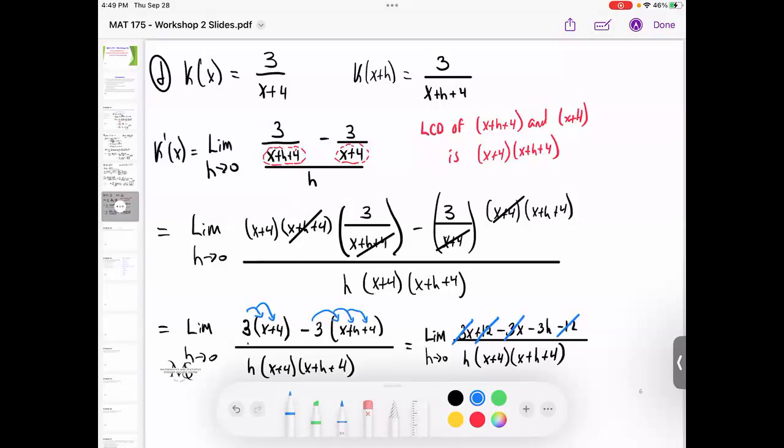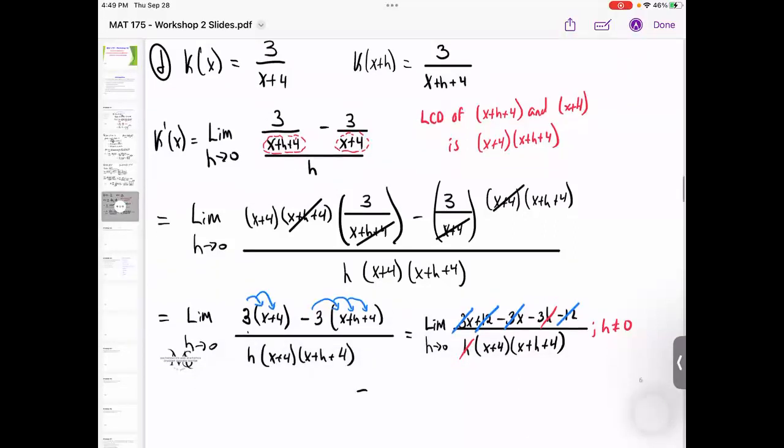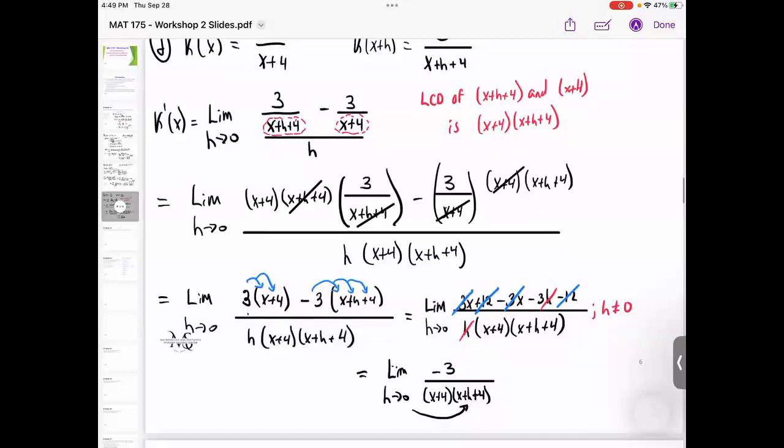Because you have a negative 3h on the top and an h on the bottom, the h can also cancel out as long as h is not equal to 0. So as long as h is not equal to 0, we get the limit as h approaches 0 of negative 3 over x plus 4 times x plus h plus 4. Now, as h approaches 0, that h goes away.